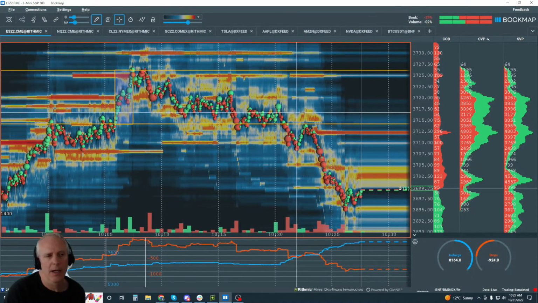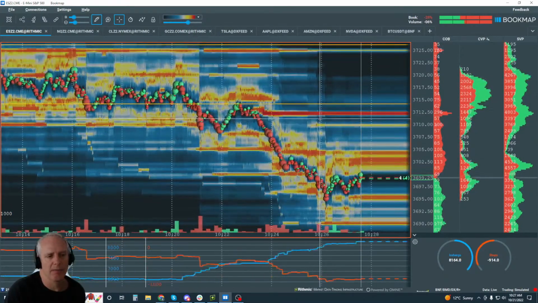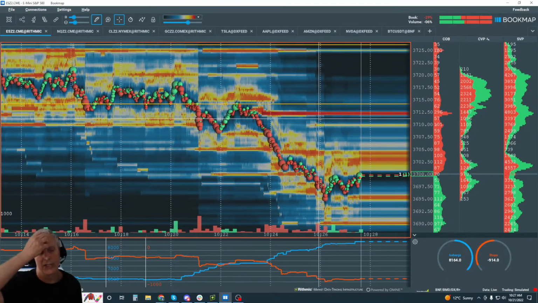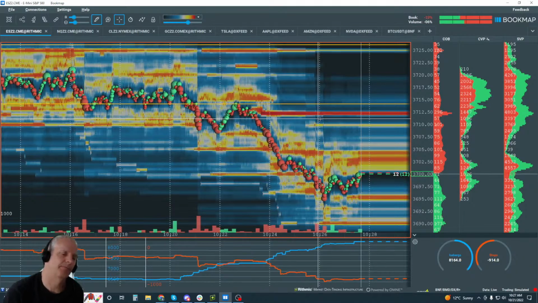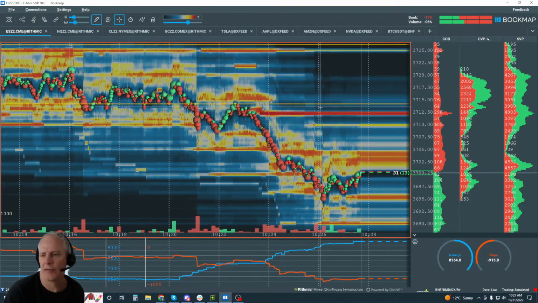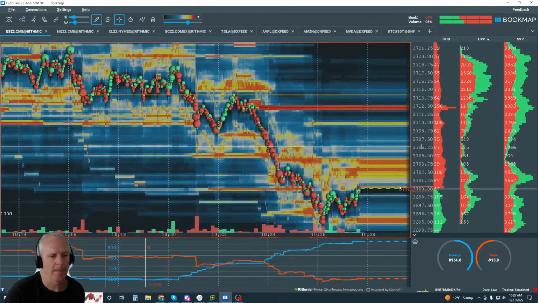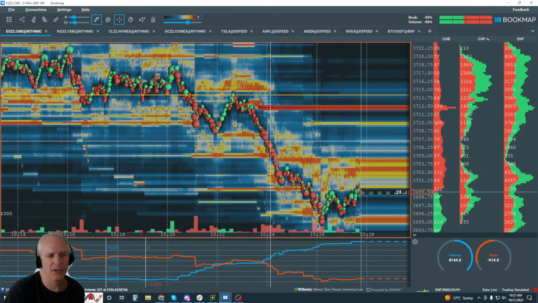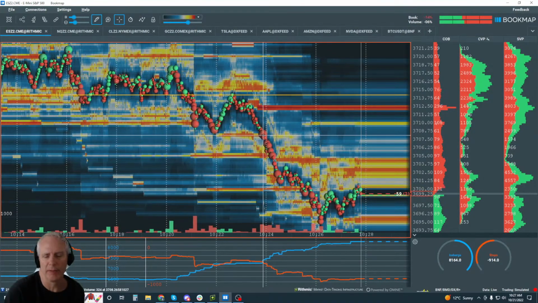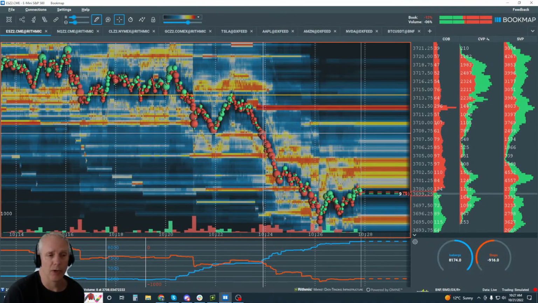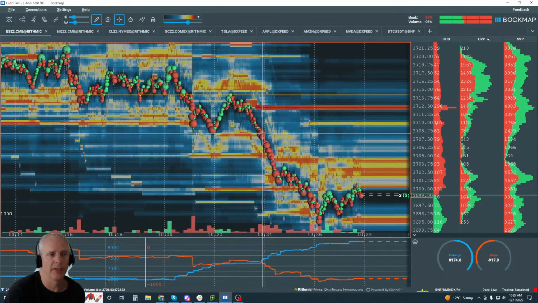That's it. Now, because we do have options expiration and also monthly futures expiration, a lot of times the order flow can look weird, or be a little odd.